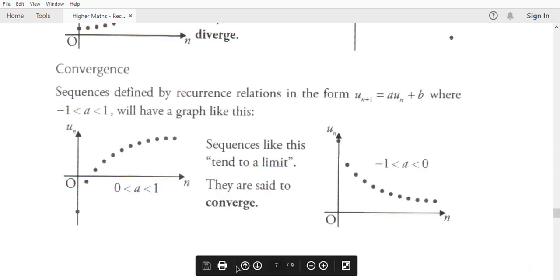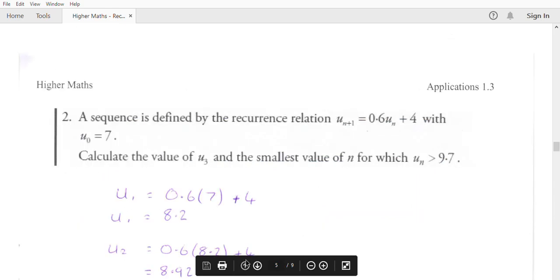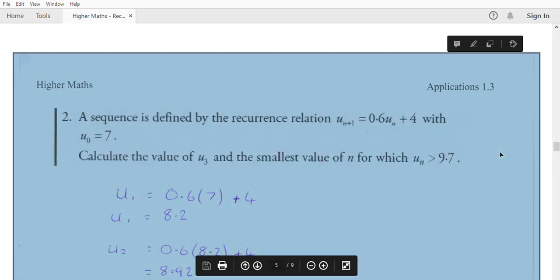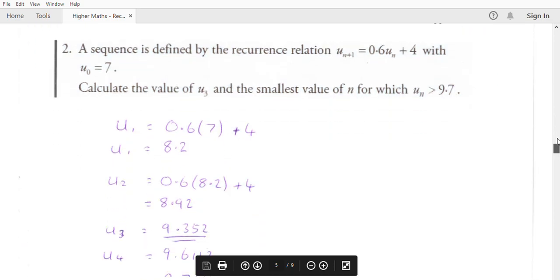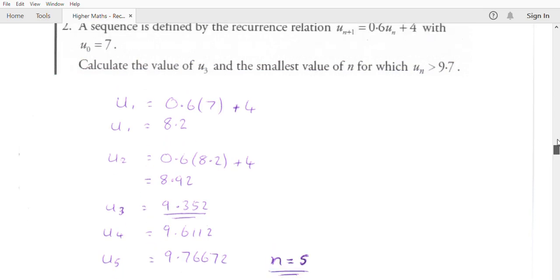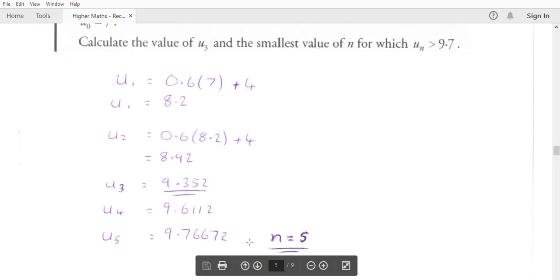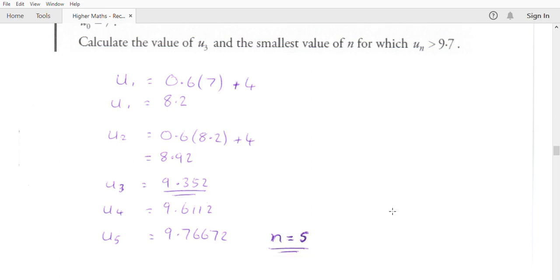So if we just bounce back up a few pages to this question, get your calculators out and work through this one again. We stopped at u5. If we keep on pressing equals after calculating u5, we'll find it goes into the 9.8s, then the 9.9s, then the 9.99s and 9.999s.